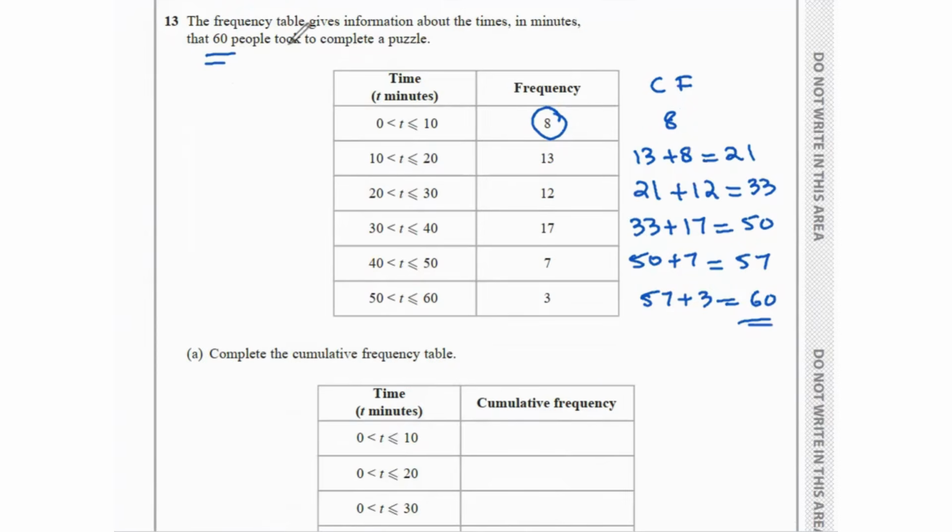So if there's 60 people in total, your last cumulative frequency value also needs to be 60. This is your litmus test for checking whether your values are correct or incorrect. So remember, you're adding each consecutive value. Whatever you get for the second one, you add to the next, and then to the next, and so on.